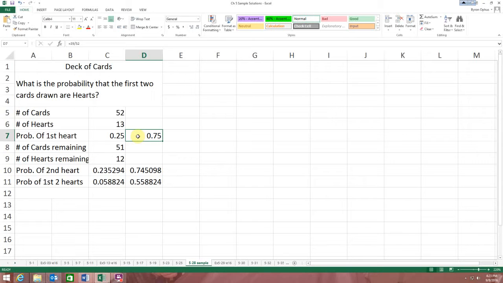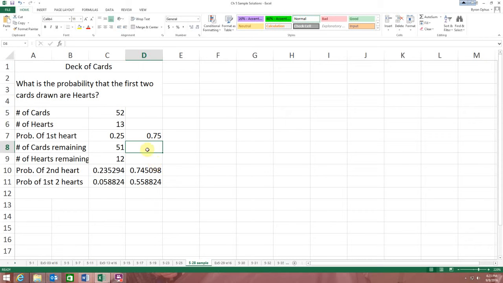So the probability that the first card is not a heart is going to be 39, okay, because I'd have 39, 3 other suits with 13 cards each in it, and I just did this the short way, is equal to 39 then divided by my 52.